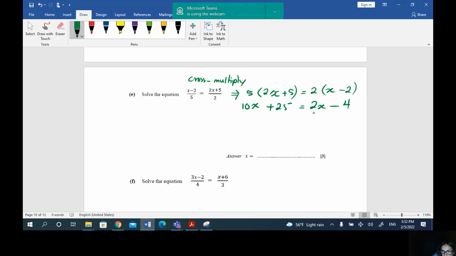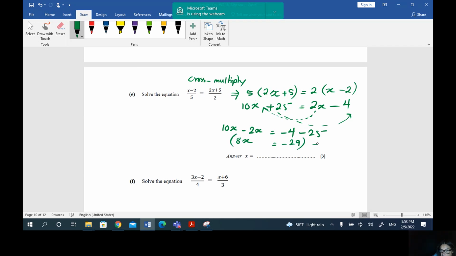Now, we're going to bring this to this side and send this to the other side. So 10x minus 2x is equal to negative 4. That's what's remaining here when I remove the 2x or when I send it to the other side, minus 25. 10x minus 2x is 8x is equal to minus 4 minus 25 is minus 29.